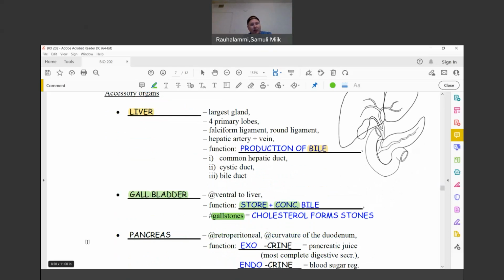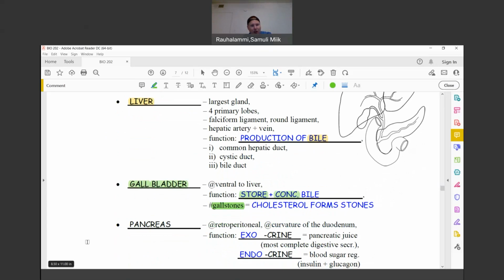The final accessory organ that I do want to discuss with you is going to be our pancreas. So pancreas is an organ that we saw earlier on, wrapped here nicely on this diagram in the kind of armpit of the duodenum. It's the first part of the small intestines underneath the stomach.